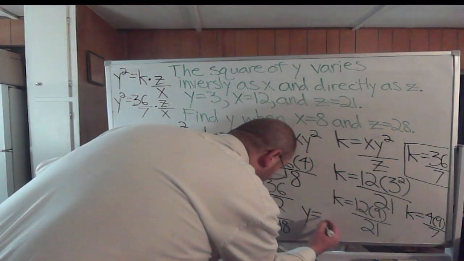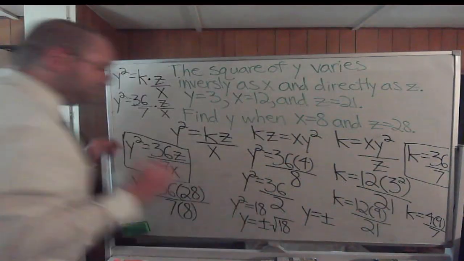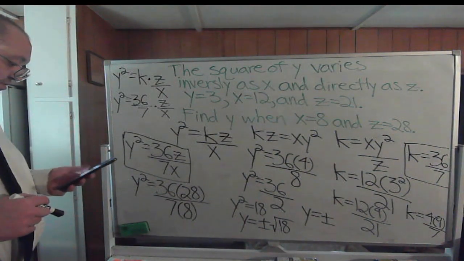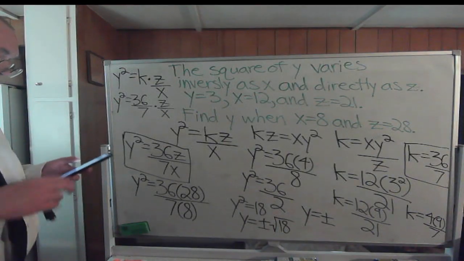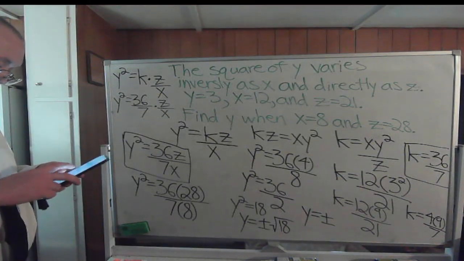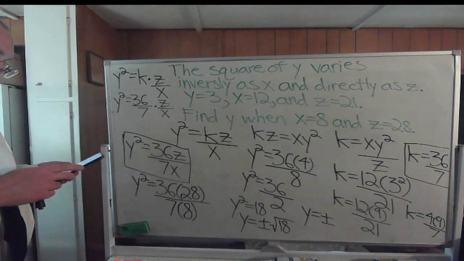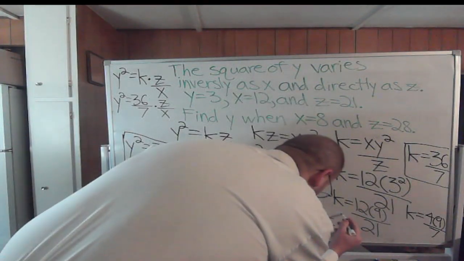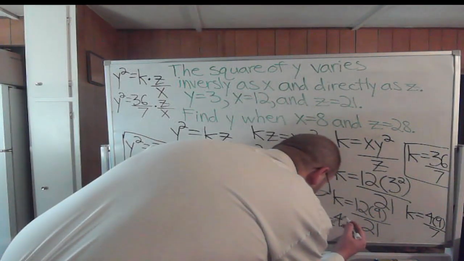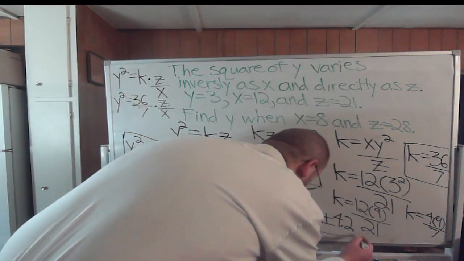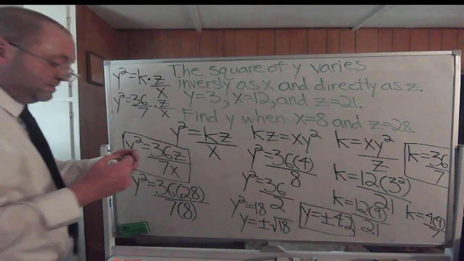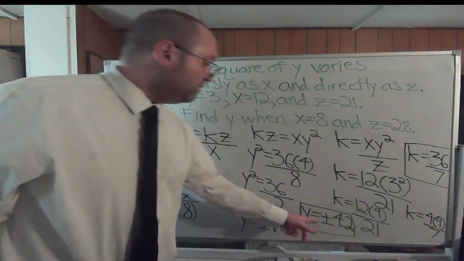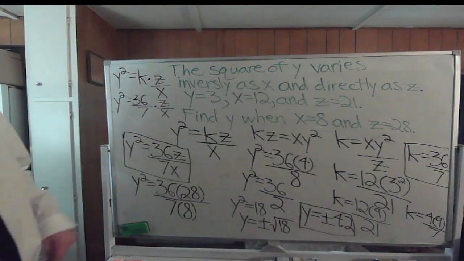That means y is going to equal plus and minus the square root of 18, which to 1 decimal place is about 4.2. So that means that when x equals 8 and z equals 28, y equals plus and minus 4.2.